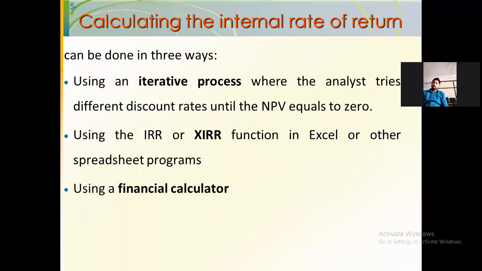Calculating the internal rate of return, you can write, can be done in 3 ways.